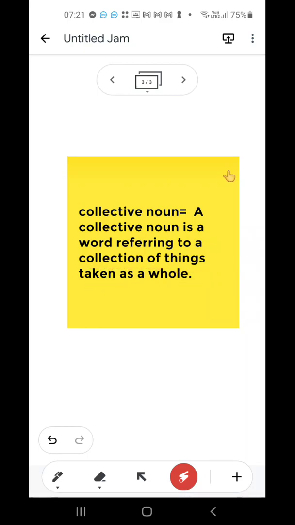For example, when we say a group of girls, or when I say class 4, it means that I am talking to all of you at the same time. When I say class 4, keep silent. Or if I say girls, keep silent.